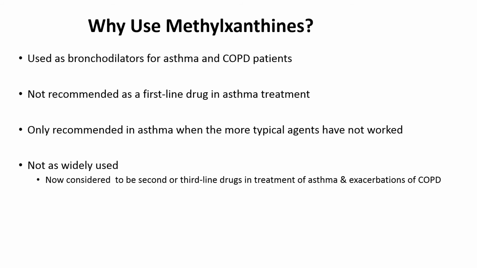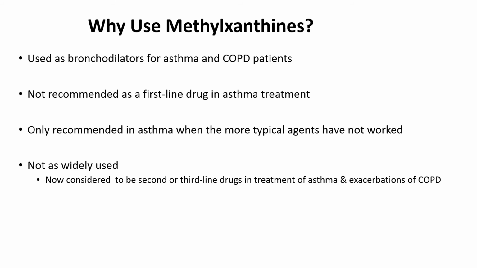Now, why use methyl xanthines? Nowadays, because of various drawbacks associated with methyl xanthines, particularly related to its pharmacokinetic aspects, because of its being a narrow therapeutic index agent, these drugs are not a first line agent for the treatment of bronchial asthma.